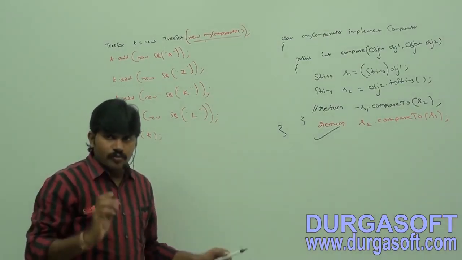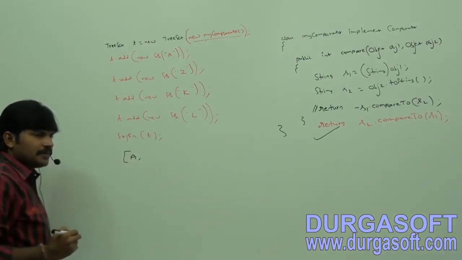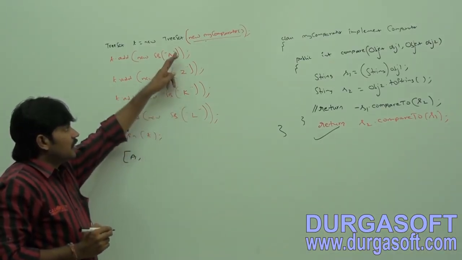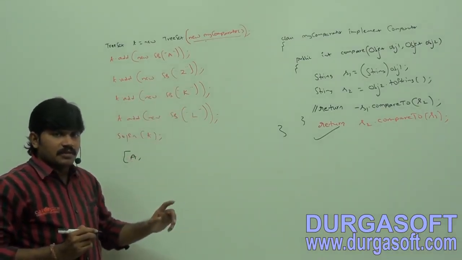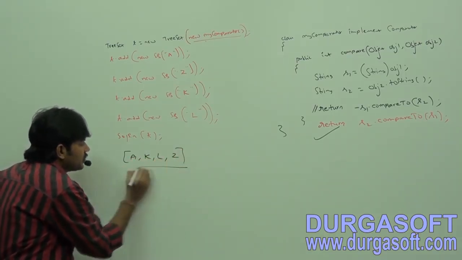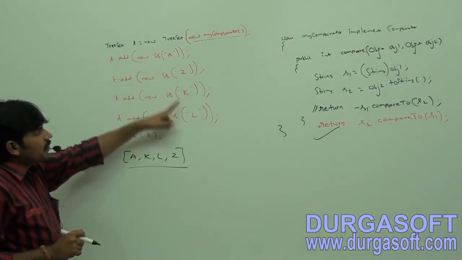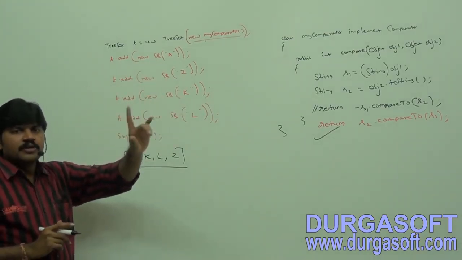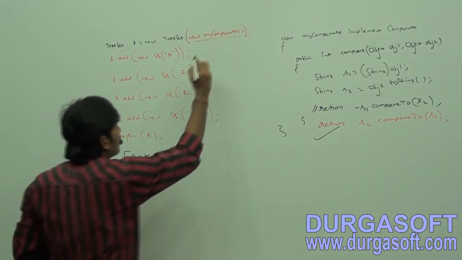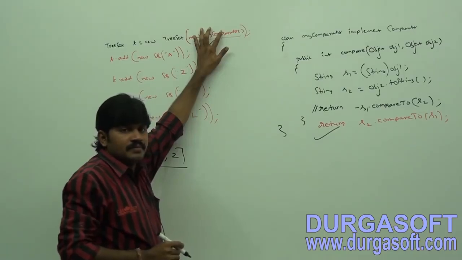Sir, here see, observe this one. What's my required output? A, and then K, L. Which one will come first? K, next L, and then Z. This is our required output, right? But for the StringBuffer, natural sorting is not there. What I will do, I am passing comparator, right? Can I remove comparator object here?